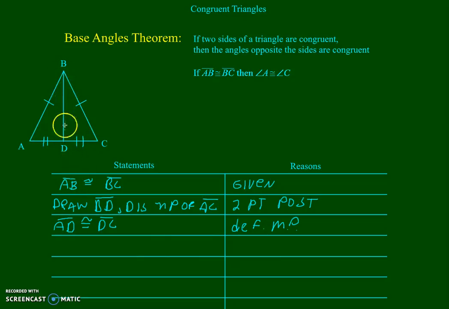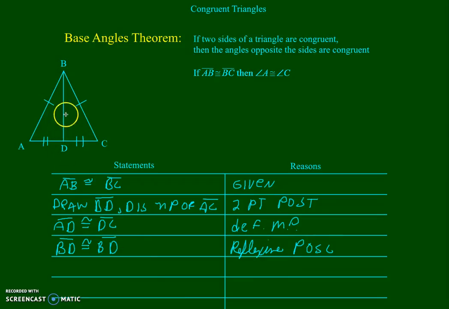And I also know that BD is congruent to itself by the reflexive property. So BD is congruent to BD. And that's the reflexive property of segment congruence.